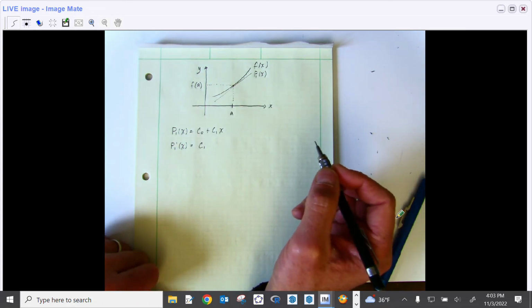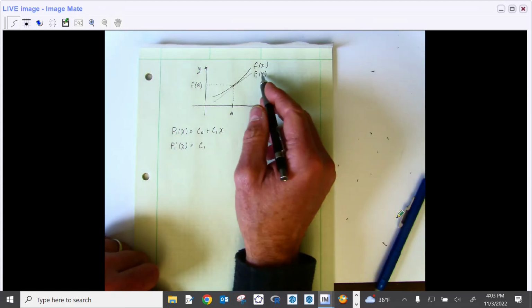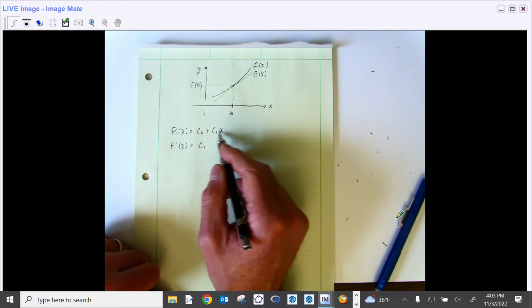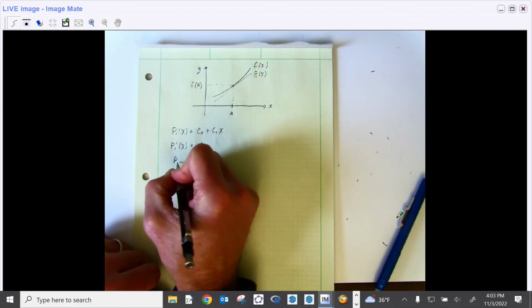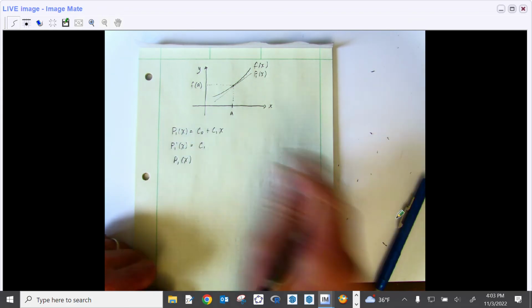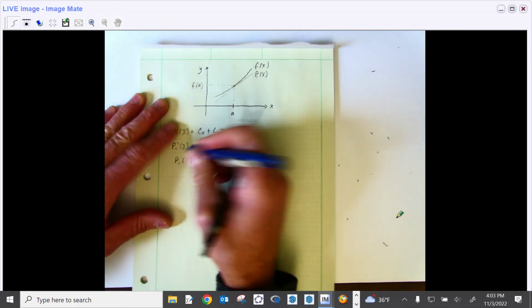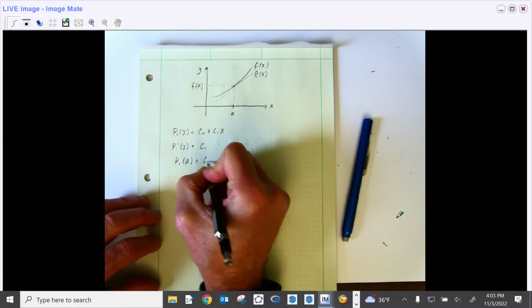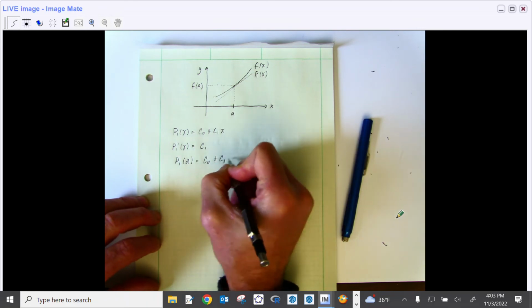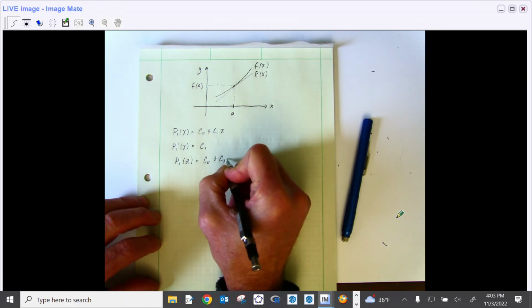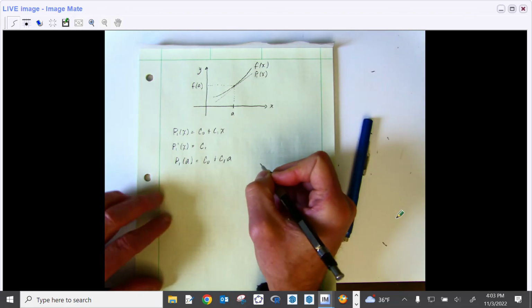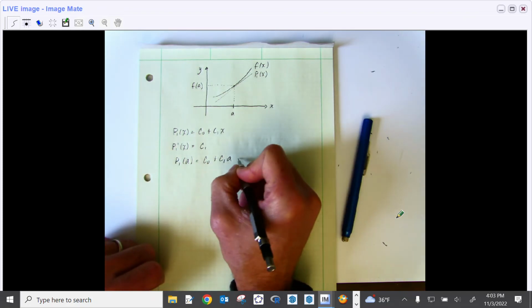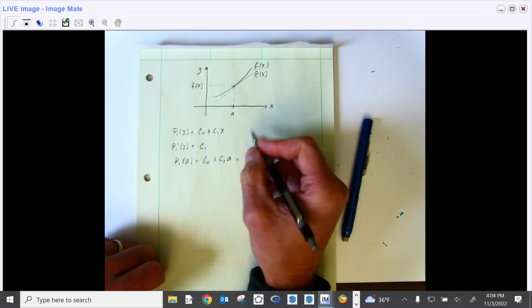If we want this to be a good approximation near a, what we'd like is for P1 evaluated at a, which is going to be C0 plus C1 times a, I'll just call it C1a, to be really close or exactly equal to the value of f at a, right?